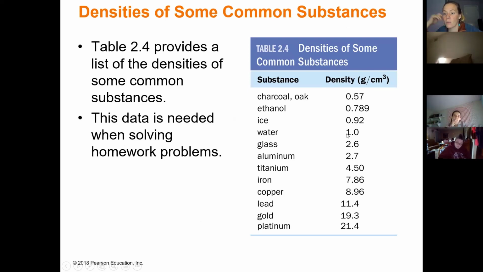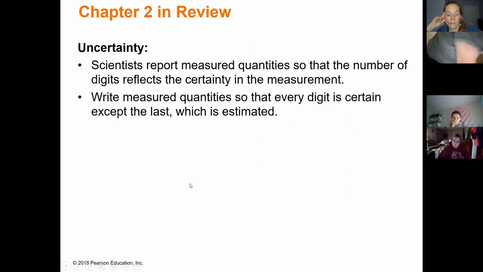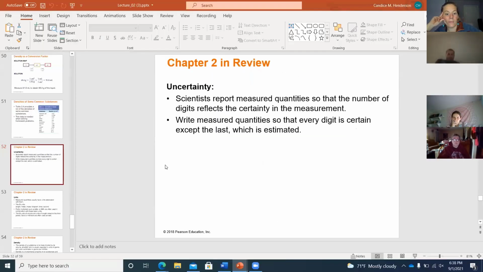You could make a density column where more dense things will sit lower, less dense things will sit higher. Up from water, glass 2.6, that's got twice the density. And then we start to see these like heavier metals. So copper, lead, gold, platinum, super, super dense.